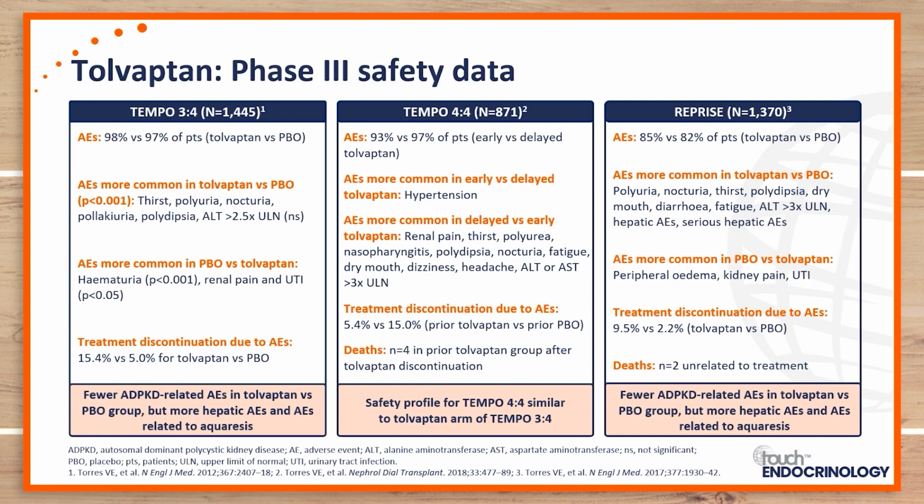In the TEMPO 4:4 trial, they found that the safety profile was similar to the tolvaptan arm of TEMPO 3:4. And then in the REPRISE trial, they found that there were fewer ADPKD-related adverse events in tolvaptan versus the placebo group, but more hepatic adverse events and adverse events related to aquaresis.